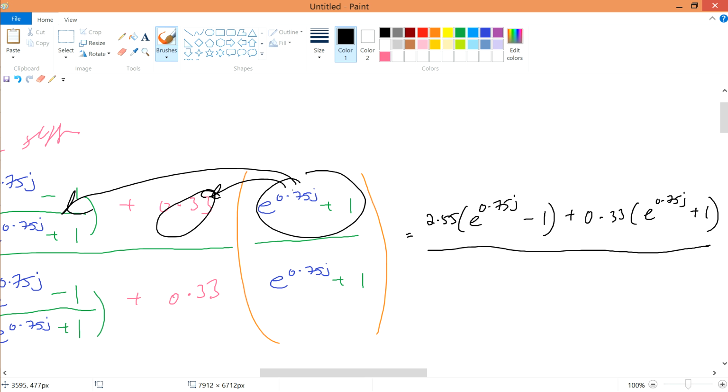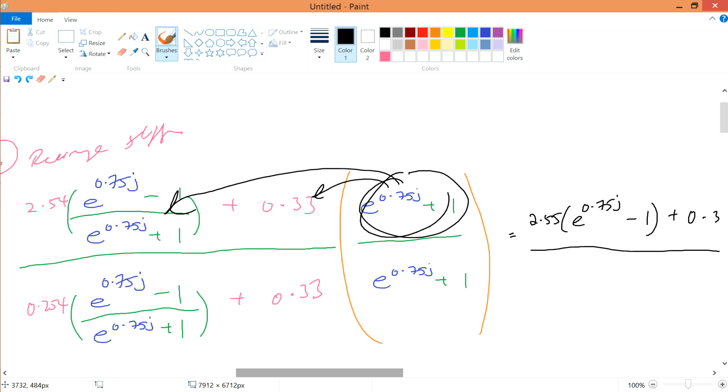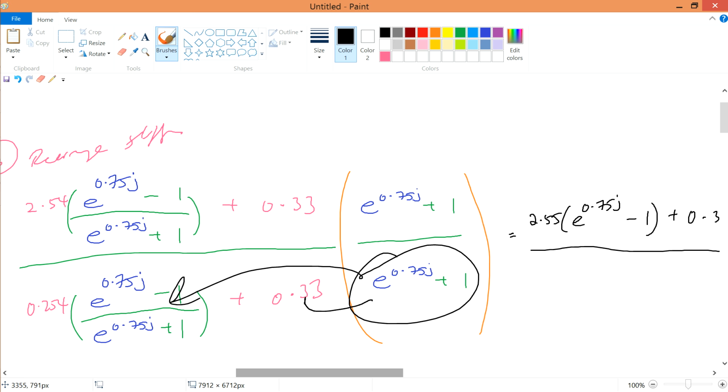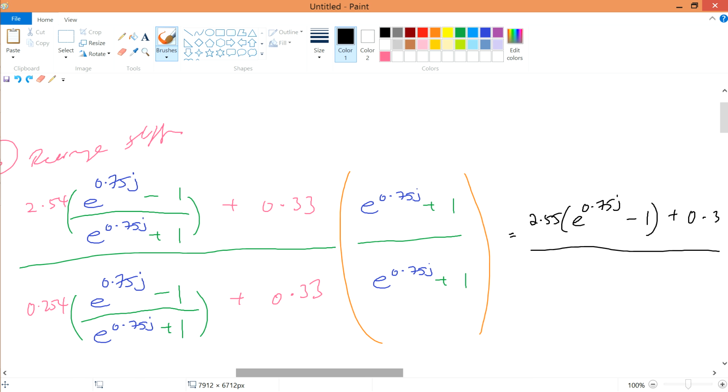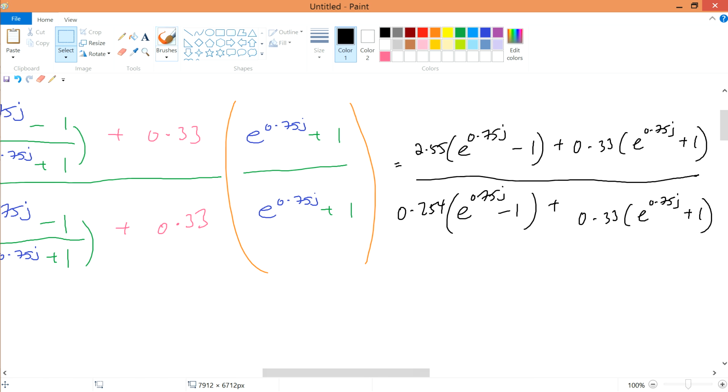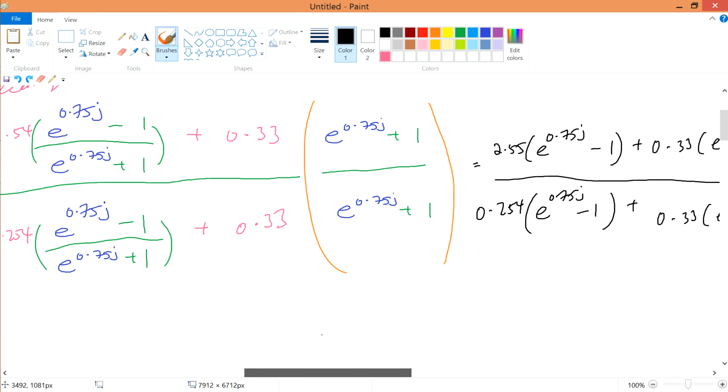So 0.33 times this one, you have this one, while this thing over here, if you multiply it, you cancel each other. So what you have is this thing. Next, multiply the denominator, same thing over here. I think you guys get it already, right? So I have the denominator spelled out over here. Same thing for the denominator, as I said, I multiply both of them.